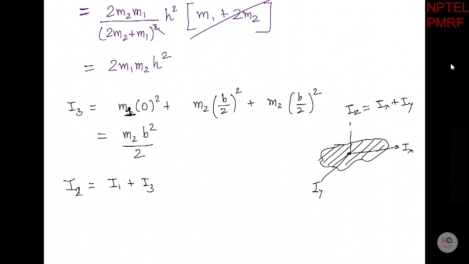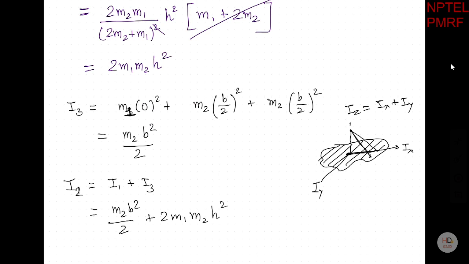And if you think about it, it becomes immediately clear. You are calculating the square of the distance from some general point, and that is equal to the distance along the x-axis plus along the y-axis. So x square plus y square becomes z square. Okay, so from Pythagoras theorem, this is only true for a planar object. So you can just plug in m2 b square by 2 plus whatever we got, 2 m1 m2 h square.